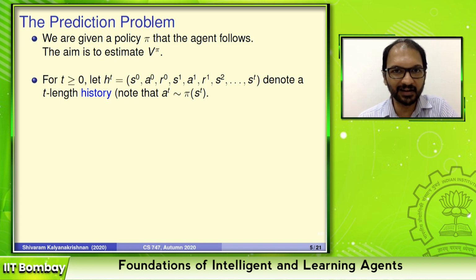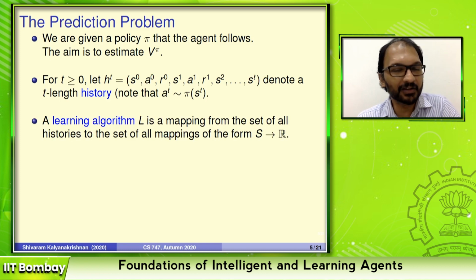If you want, you can think it's being generated by the agent, or maybe it's happening by default. But pi is being followed. Of course there is no question about taking optimal actions. The actions are fixed, and so the job of the learning algorithm now is to look at history and come up with an estimate of the value function of pi.